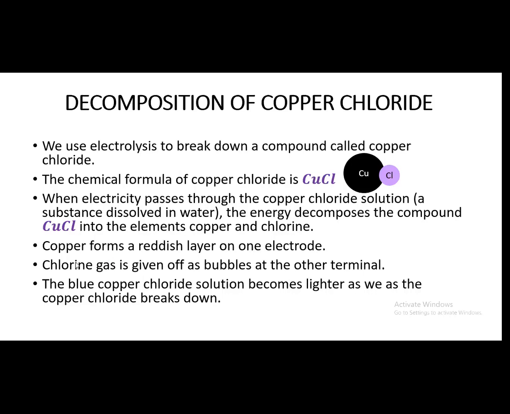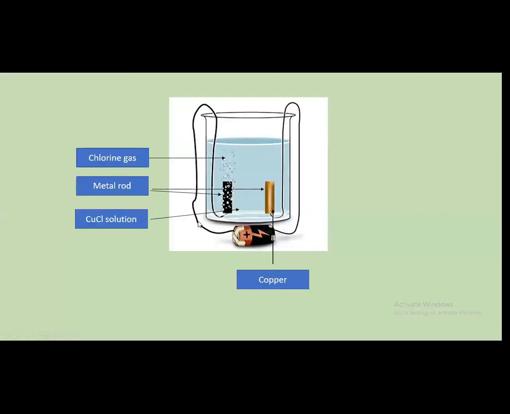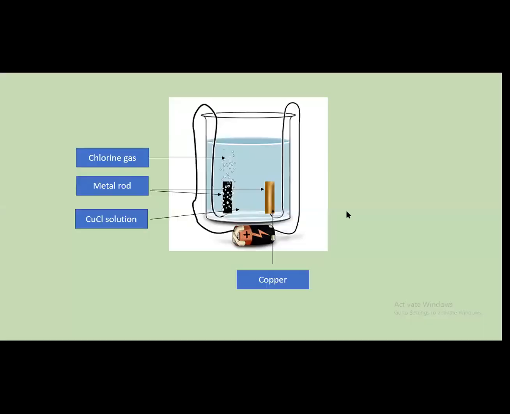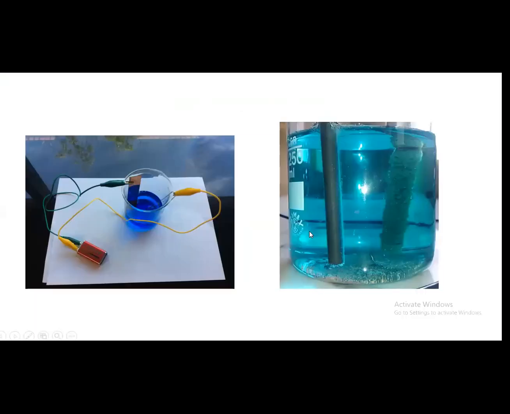How do we know that copper chloride is being broken down? Thank you, Ethan and Marcus. We know that because if we look very closely at the picture on the right here, we see that on the left metal, there are bubbles forming.